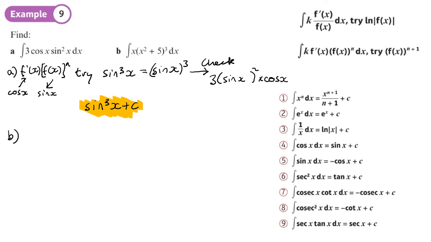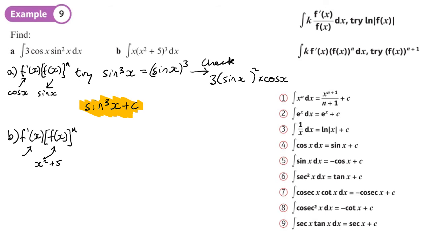Again, it fits that pattern of f dash of x times f of x to a power, because if you differentiate this part here, the f of x, which is x squared plus 5, you get 2x. Doesn't matter about the 2.